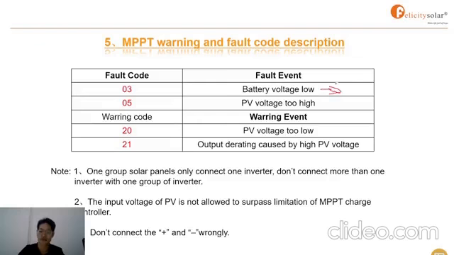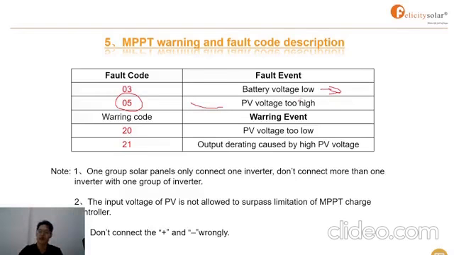We need to check the battery, and if the MPPT shows 05, which shows the PV voltage is too high, in this case we need to check the voltage of the PV.